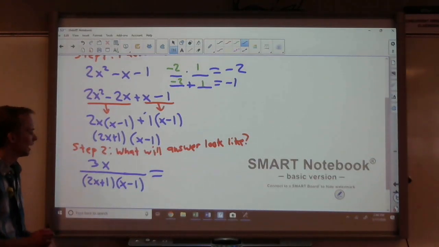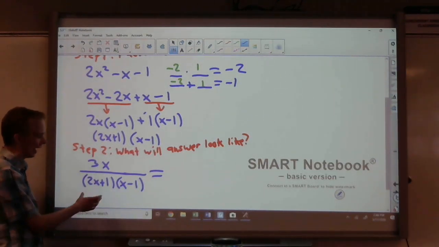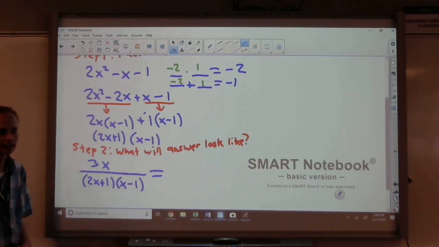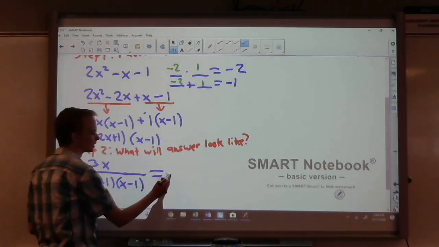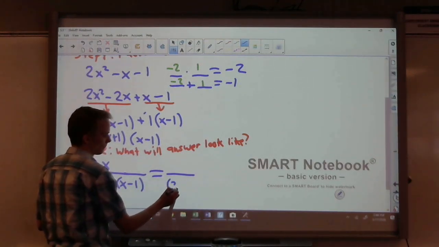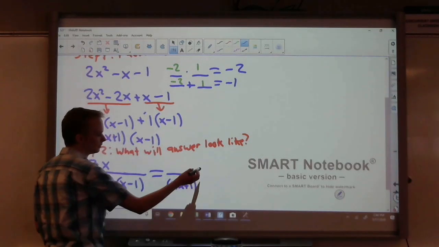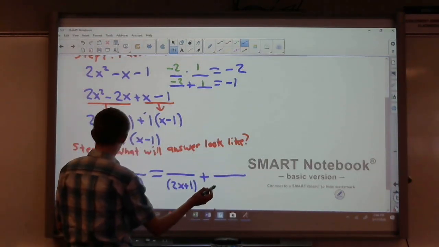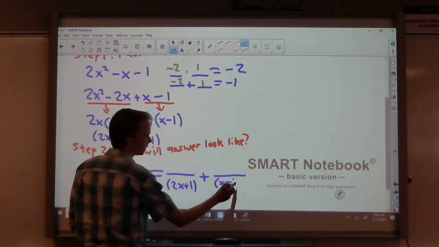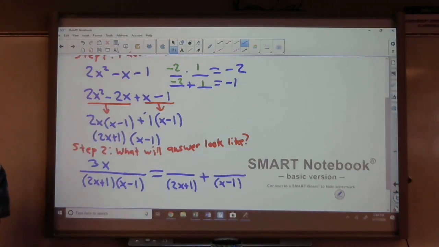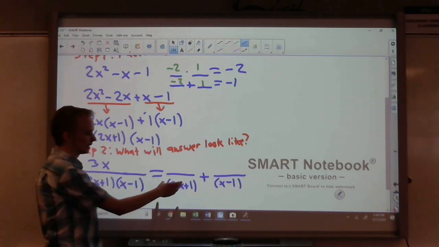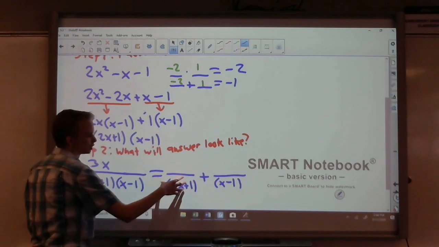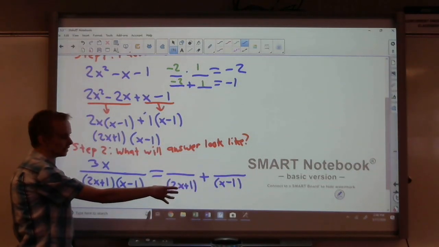I said that I was going to split it into fractions with these two factors as the denominators. So it should look something like 2x plus 1 on the bottom of one fraction, and then an x minus 1 on the bottom of the other fraction, right? Because in order to add these two fractions together, I'd have to make a common denominator.